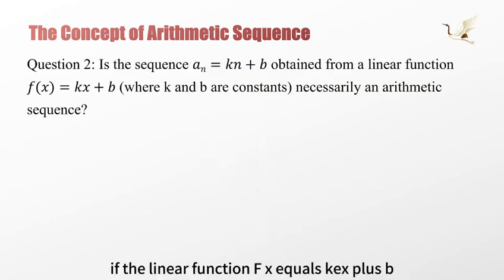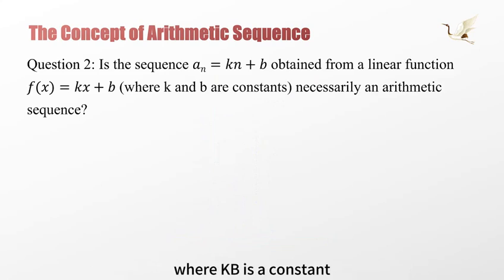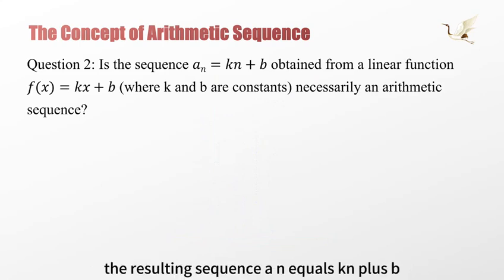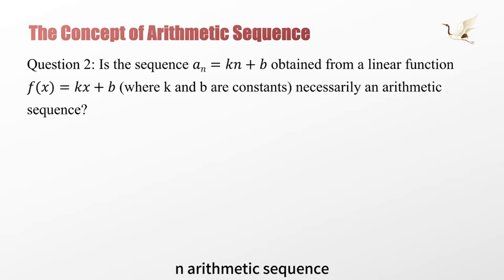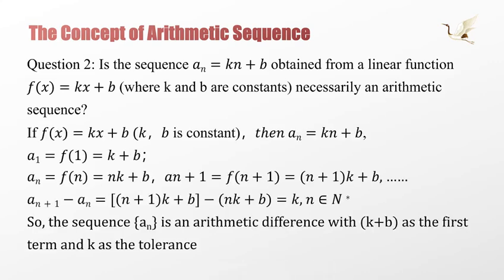So, conversely, if the linear function f(x) equals kx plus b, where k and b are constants, is the resulting sequence a_n equals kn plus b necessarily an arithmetic sequence? To determine whether a sequence is an arithmetic sequence, we need to use the definition. Since we already know a_n, we can write expressions for a_1, a_n, and a_(n+1).